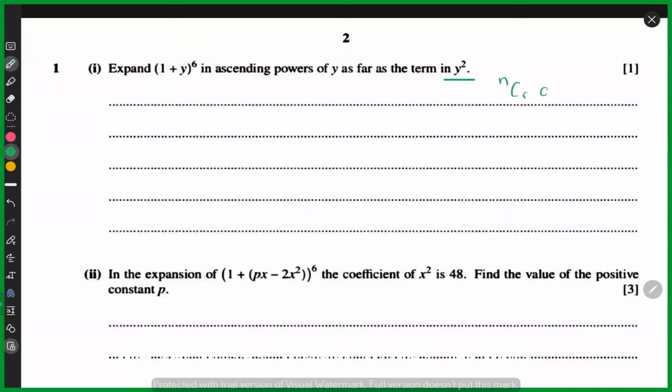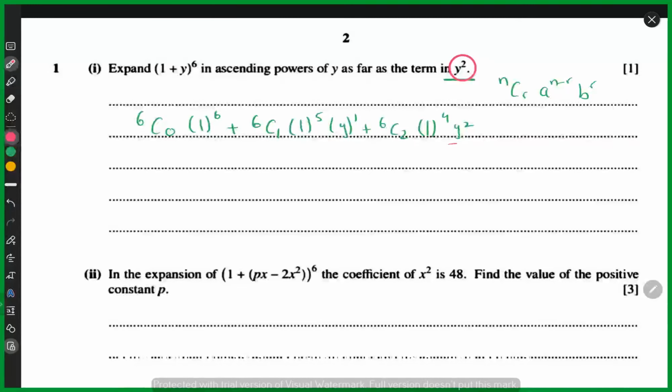So the formula is nCr a power n minus r b power r. Here n is 6. So 6C0 1 power 6, plus 6C1 1 power 5 and y power 1, then 6C2 1 power 4 and y squared. I can see that I had to stop at this point.